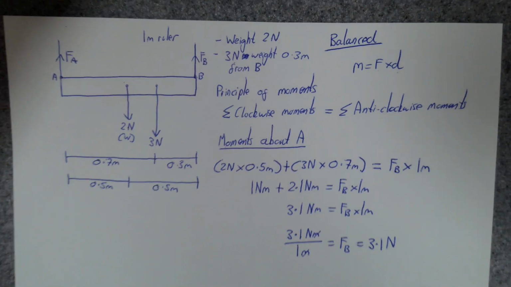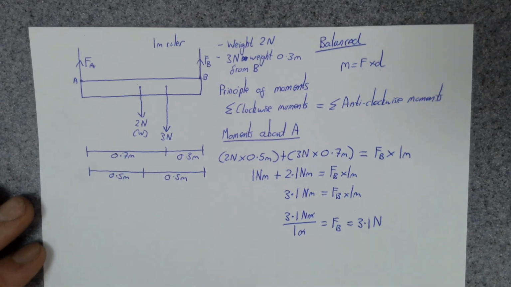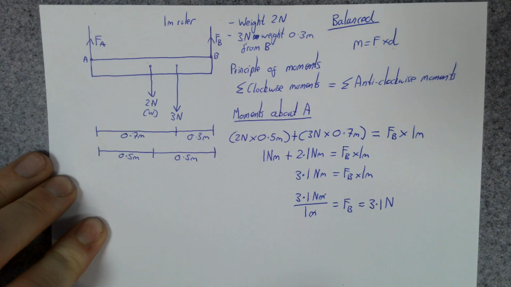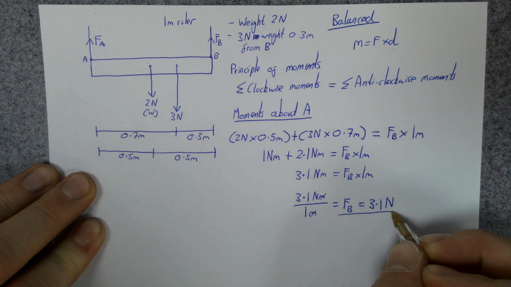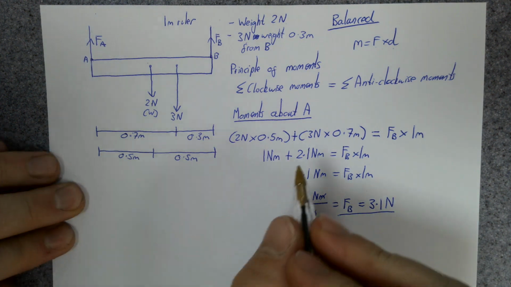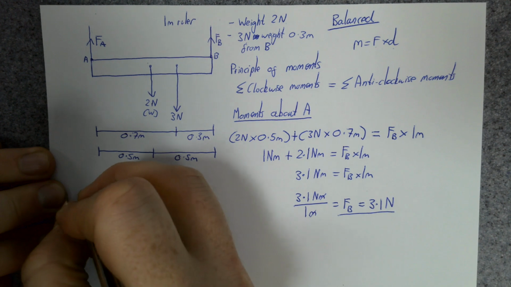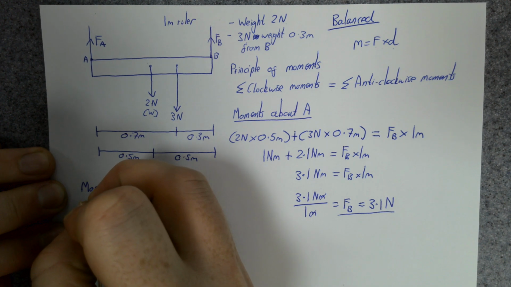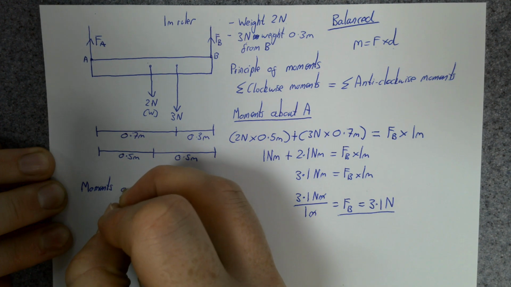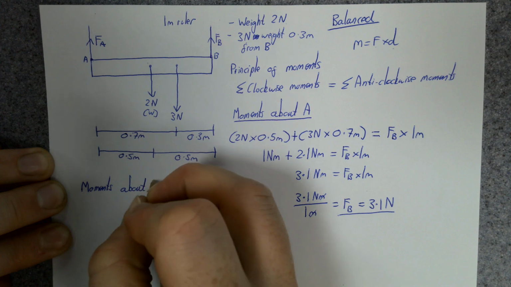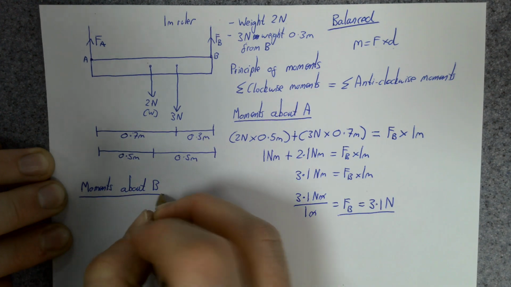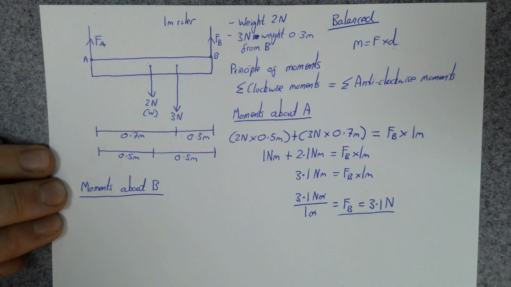Now I'm going to have to come out a little bit to do our next bit. So moments about A has got us force B. To find the other one, force A, I'm going to take moments about B. So you should be thinking ahead of me here.